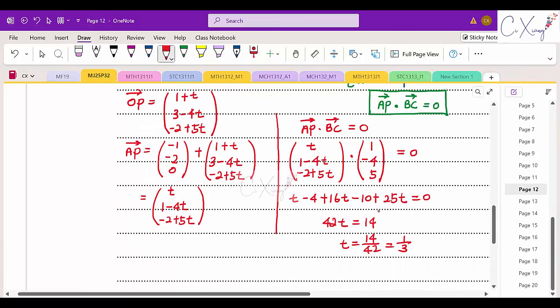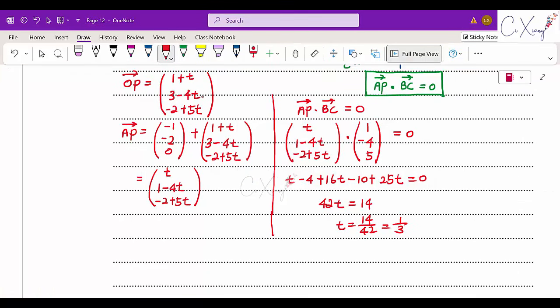You can substitute it back into the OP position vector to get the answer for OP. Alright, so let's continue from here. What is the OP here? I will be having 1 plus t, then 3 minus 4t, and also -2 plus 5t. Okay, so please try to figure it out. By right, if you didn't do any careless mistake, it should be 4 over 3, then 5 over 3, and also -1 over 3.